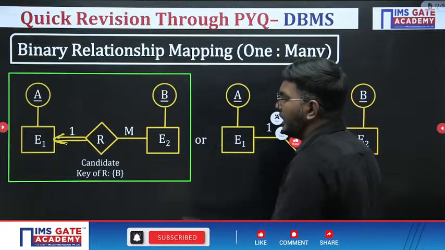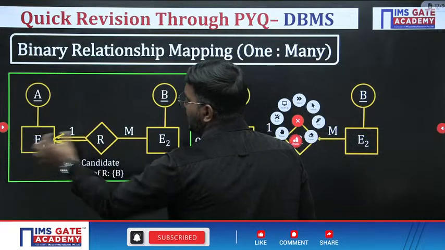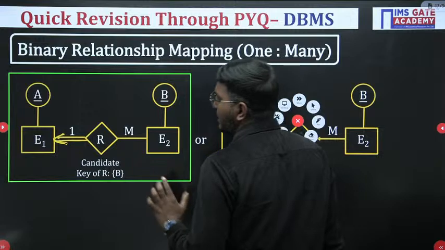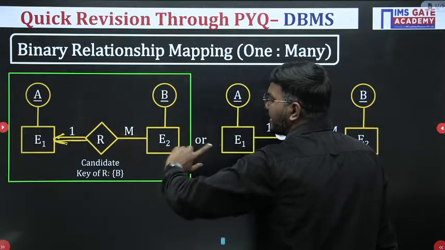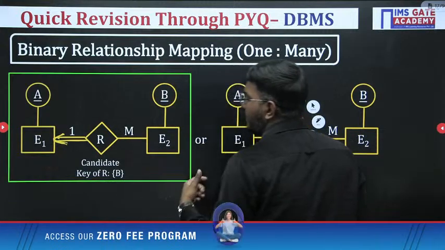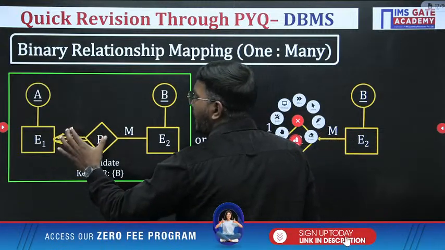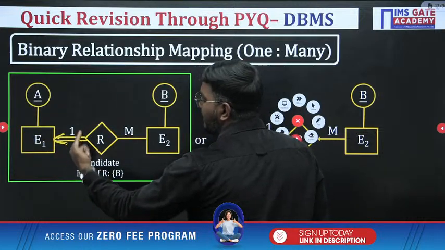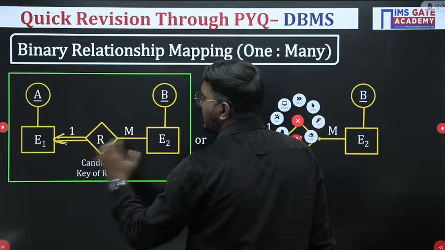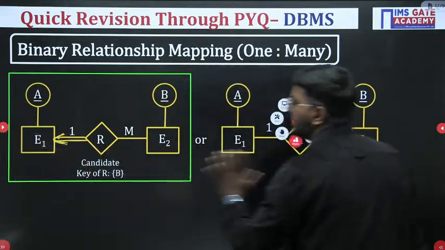Because if we have total participation towards the E1 side, previously we were merging this R towards the many side. When we tried to merge them into a single table, the problem was that we were losing the partial participants towards the E1 side. But now, because towards the E1 side we have full participation, it is possible to merge them into a single table. Understood?